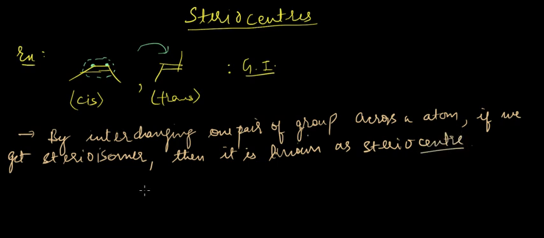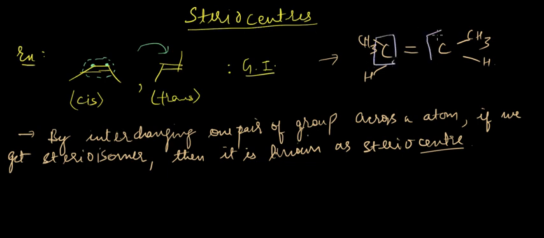Okay, so in this case this implies that if we have a structure like this with a double bond and CC attached, so this is a stereocenter and this is a stereocenter.